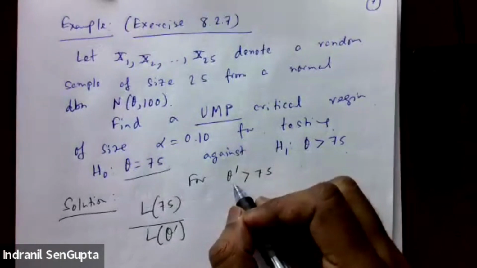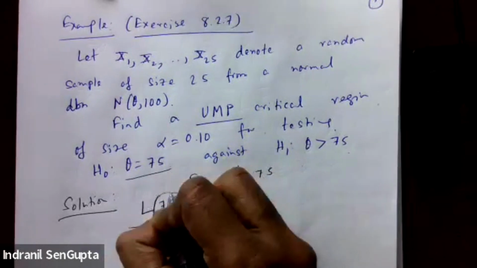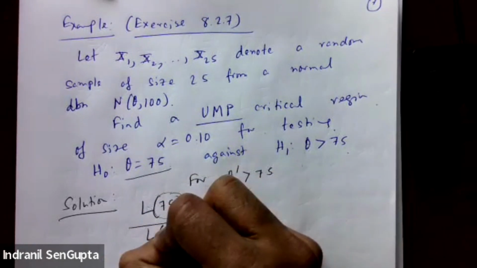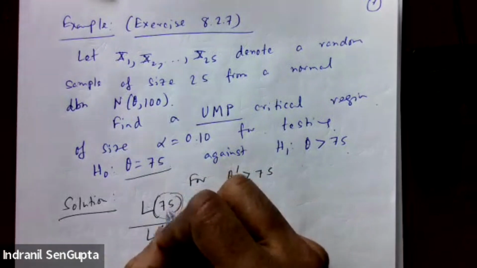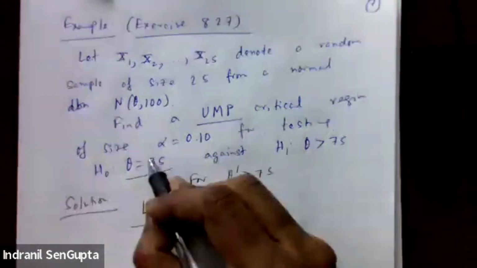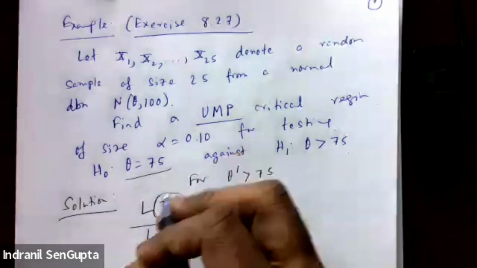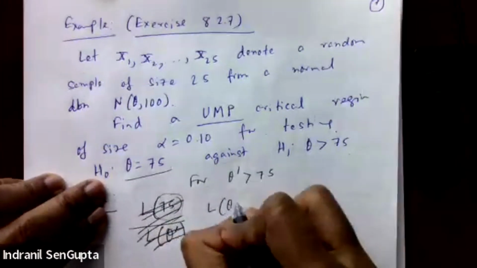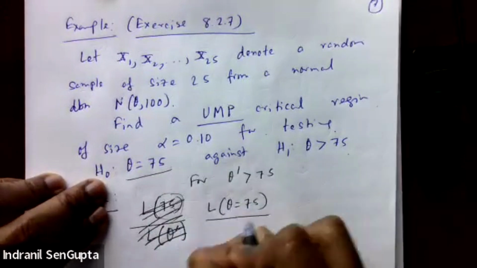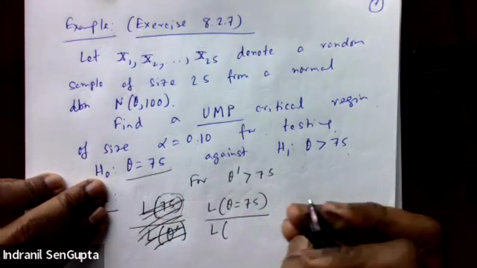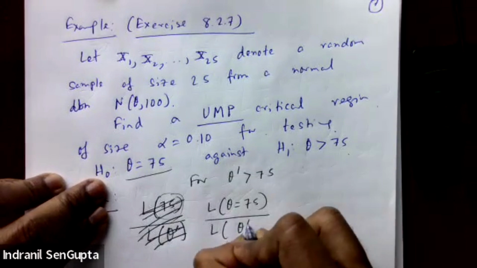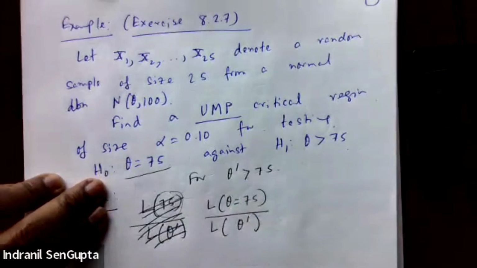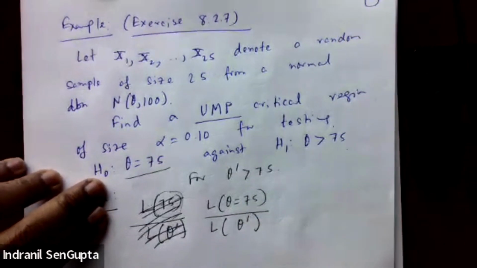So remember what we're trying to do. So here we write the null hypothesis, which is theta equals 75. So it's L of theta equals 75 over L of theta prime, which is bigger than 75. So that's what we are trying to test.